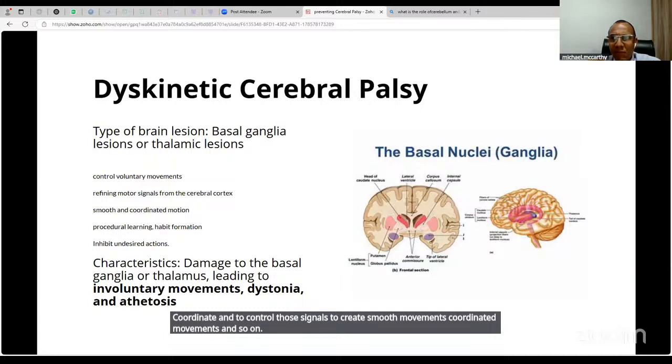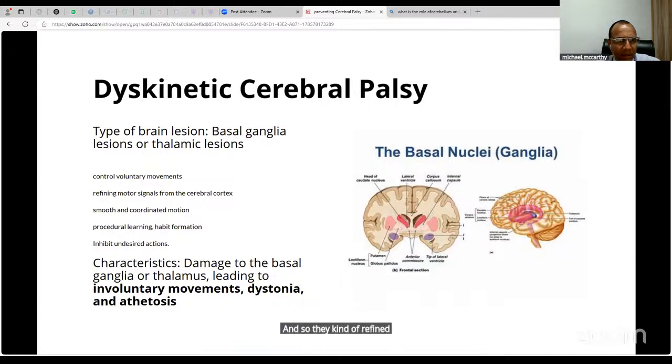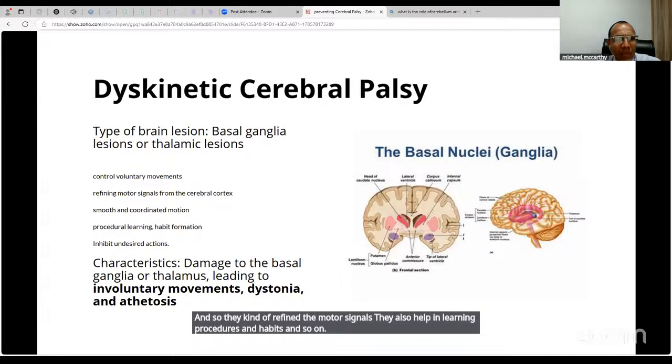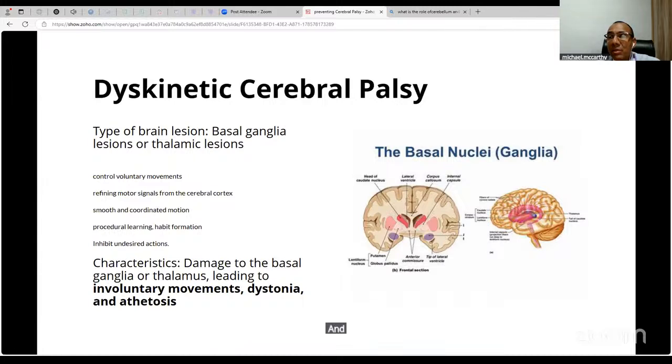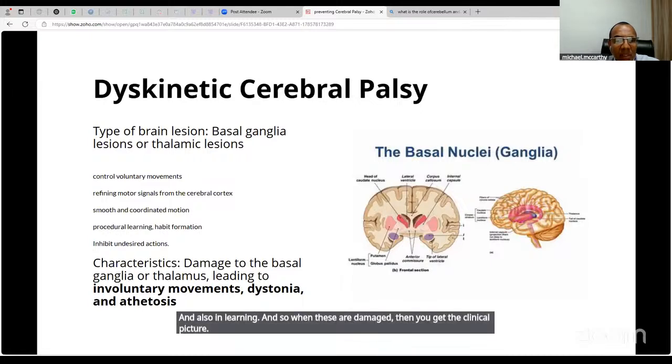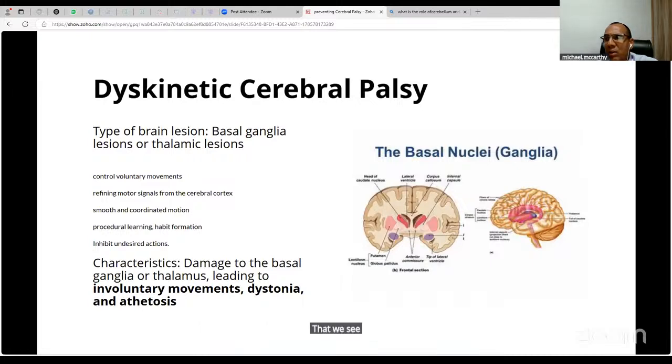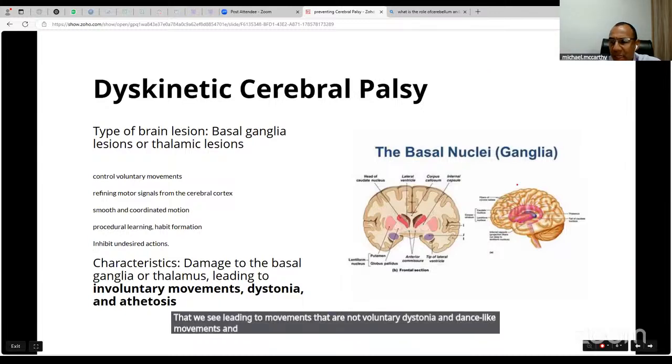And so they kind of refine the motor signals. They also help in learning procedures and habits and so on. And so when these are damaged, then you get the clinical picture that we see leading to movements that are not voluntary, dystonia and dance-like movements and movements that are not as intended.